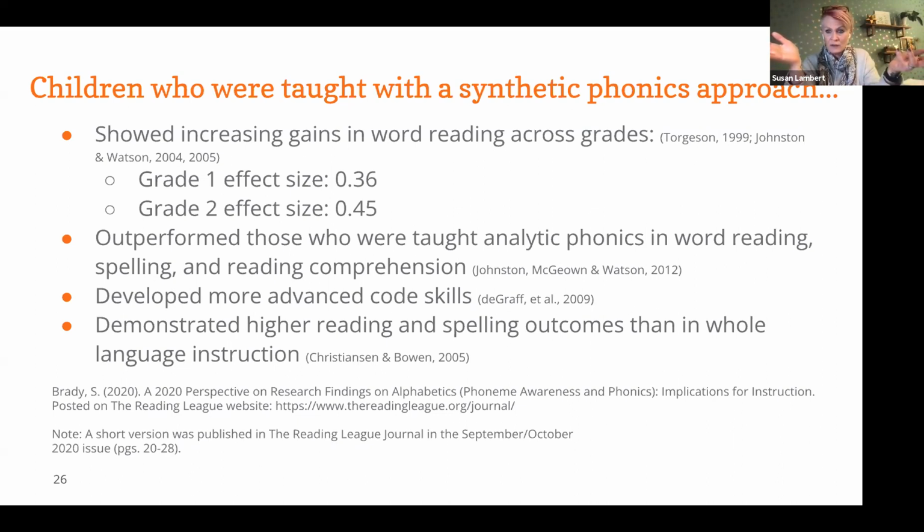The second thing she found from some of these studies is that students that were taught with a synthetic phonics approach outperformed those that were taught analytic phonics in three different areas: word reading, spelling, and reading comprehension. Remember, we talked about how word reading and spelling are connected. We should be teaching those things in tandem. And we also talked about how this has an impact on reading comprehension. And so they actually outperformed those kids, again, in a longitudinal study.